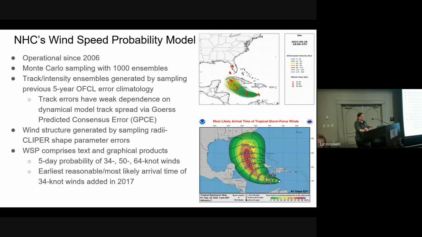The wind structure, the radii, is using radii CLIPER. And then 34, 50, 64 knot wind radii that we're looking at here, and the probabilities of being within those, and time of arrival. So the earliest and the most likely. Next slide.